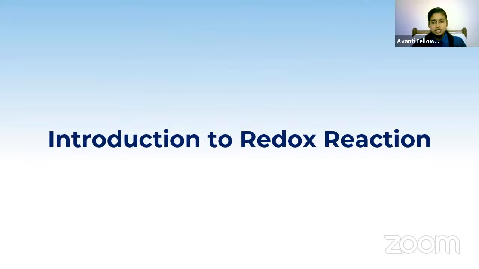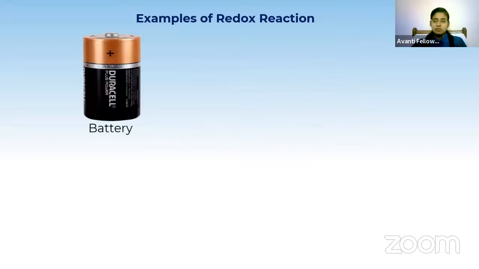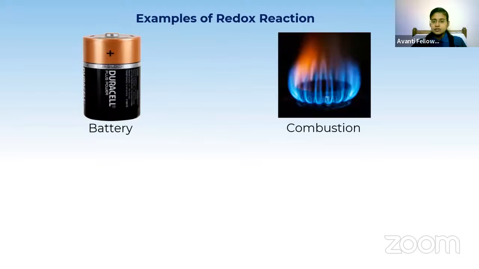Introduction to redox reaction. In our daily life, we use some things which involve redox reactions. One among that is the battery. The other one is combustion. On the gas stove, a combustion reaction takes place, and it is an example of a redox reaction.